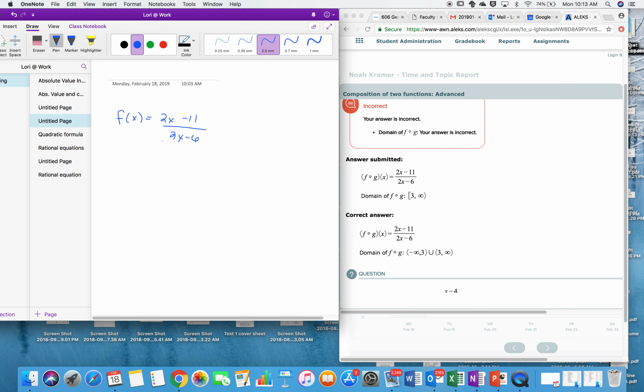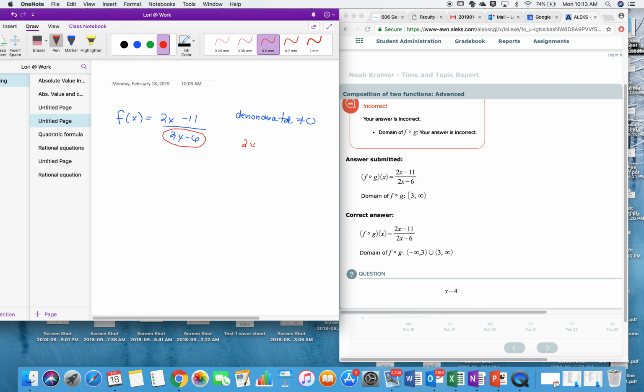When you're dealing with a fraction, some number over another number, really the only thing that can't happen is that the denominator can't be 0. I can't divide by 0. So that's the only thing that I have to look out for. So in this case, I would just consider the denominator and the situations that would make it 0.